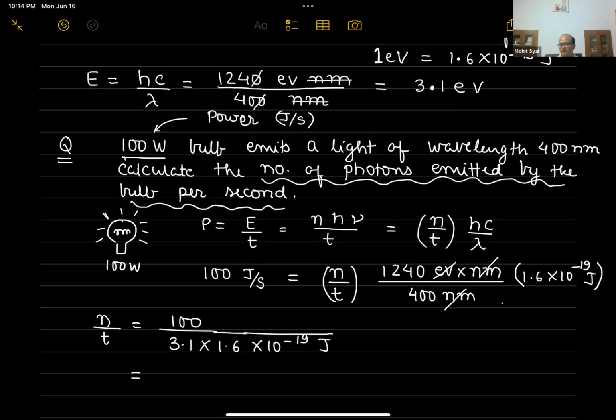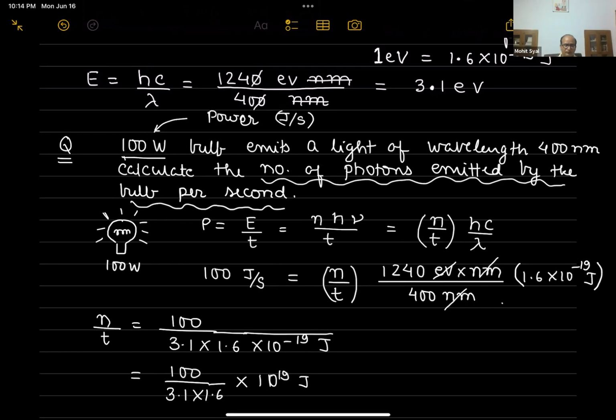So this is basically 100 by 3.1 into 1.6 into 10 to the power minus 19 joules.